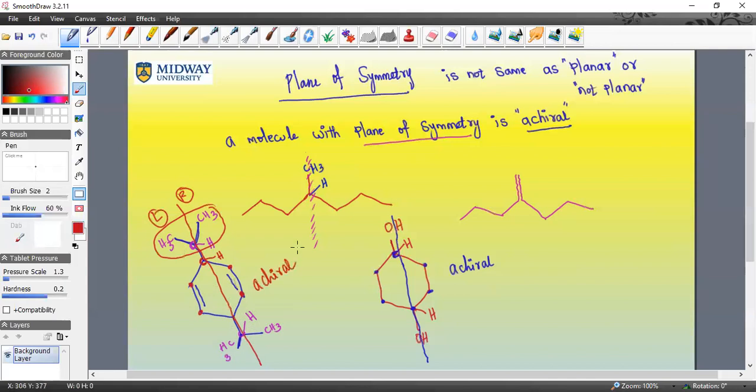Okay, so let's do another molecule on the screen itself since we have some space, and I'm actually going to use the same color. So let's use the red. So let's say we have this, okay? And then we have a double bond, and say we have an OH, and we have an OH here, and then say we have an OH here, okay?